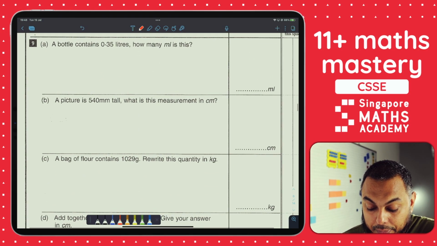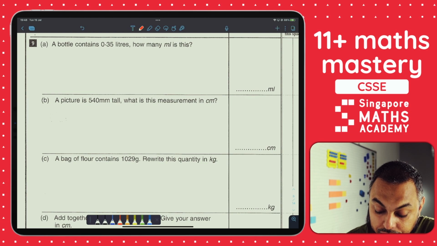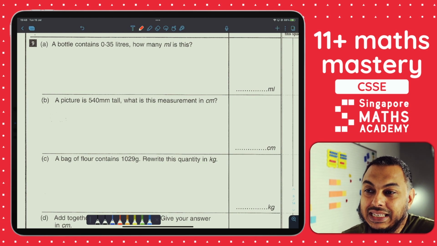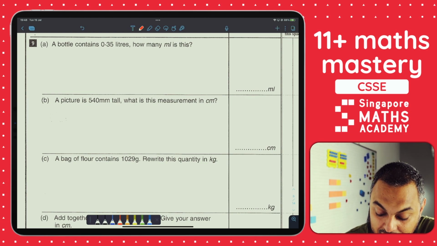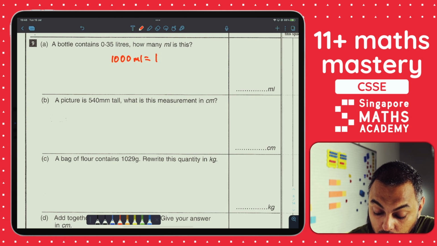Question 9, a bag contains 0.35 liters. How many milliliters is this? So 0.35 liters is going to be a certain amount of milliliters. We know that 1,000 milliliters equals 1 liter.